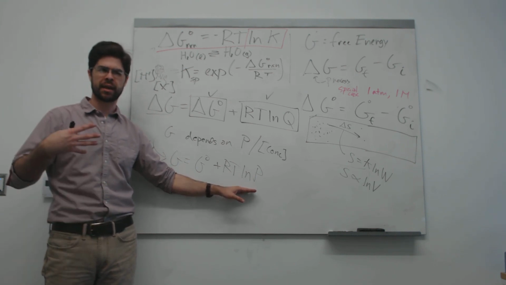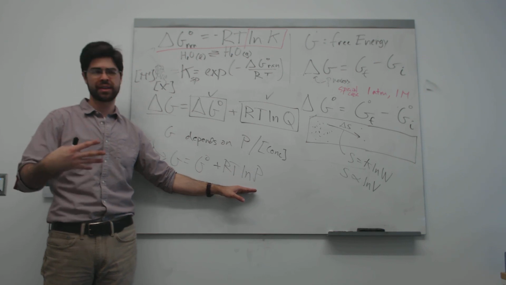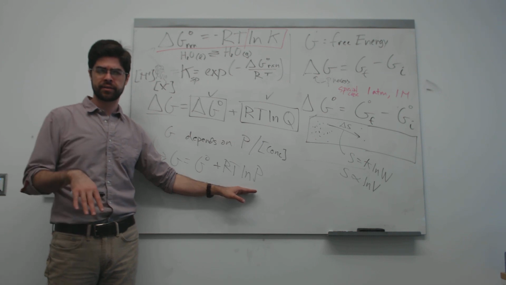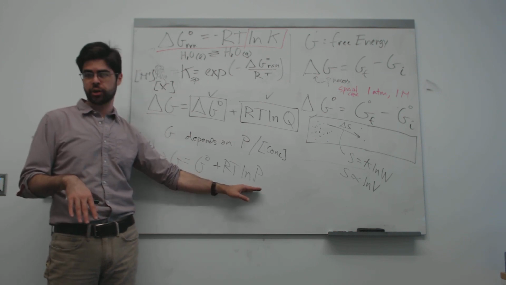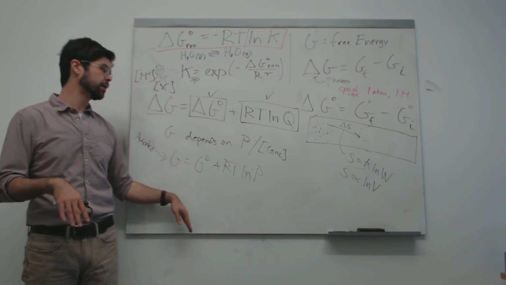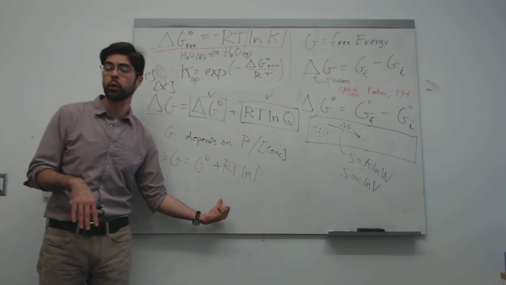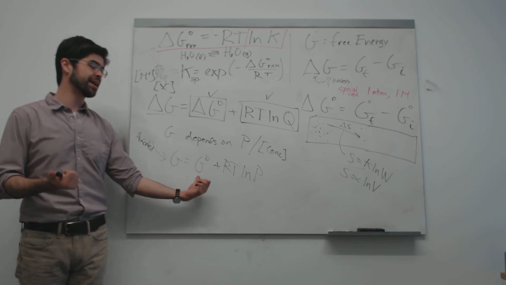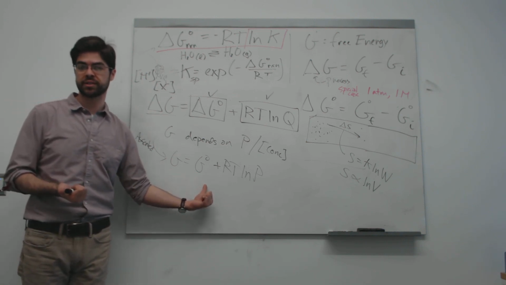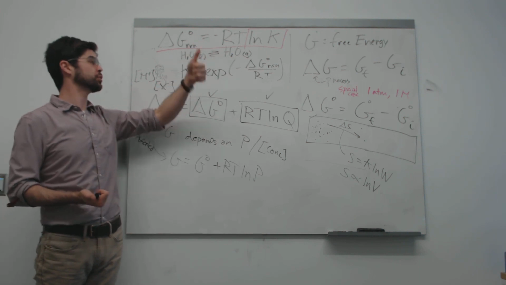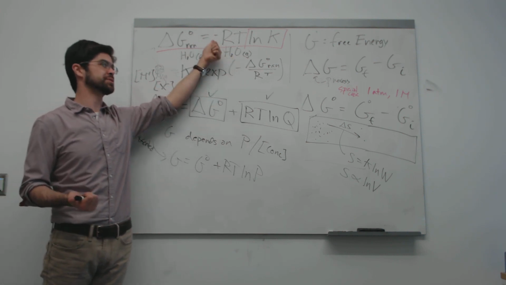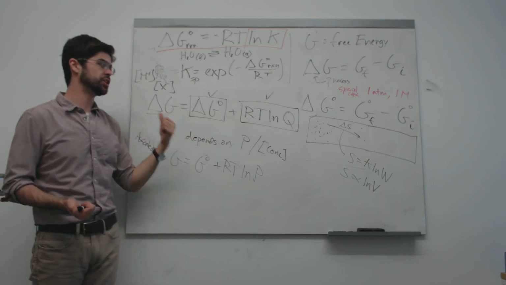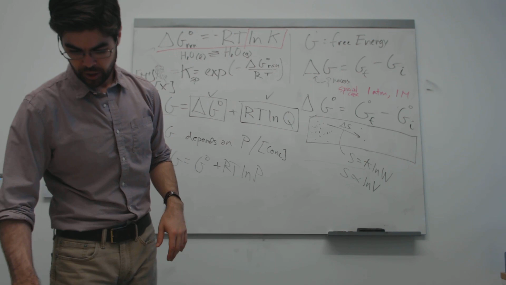You will do that in Chem 341, or I think it's Chem 341. In PChem, in LMU's chemistry department, you will actually go through and derive this expression. For our purposes, we just need to know that it's true, and even more importantly, we need to know the consequences of this, which are this equation, which is the same as that equation, and then this equation, which is just allowing you to calculate G under any set of conditions.